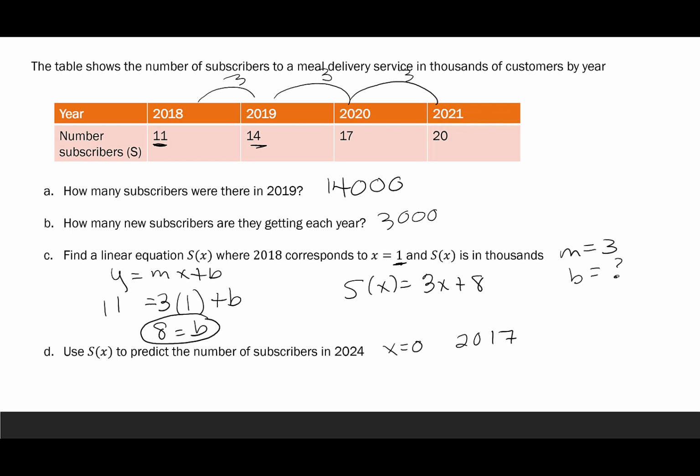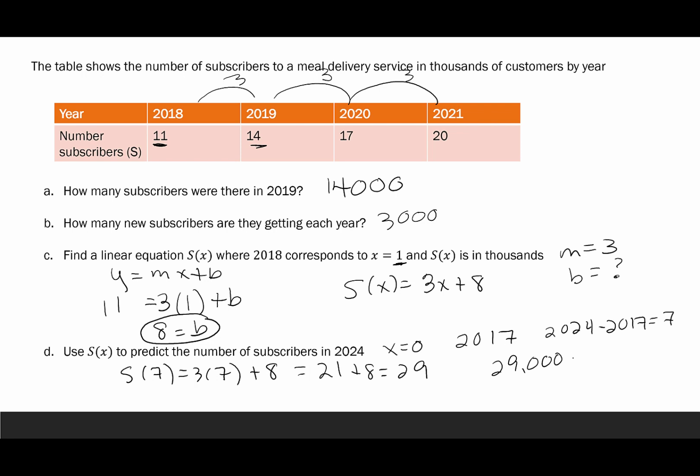So my x here for 2024 minus 2017 is 7. That's what I need to plug in. So s of 7 is 3 times 7 plus 8. So that's 21 plus 8 is 29. So we're predicting 29,000 subscribers in 2024.